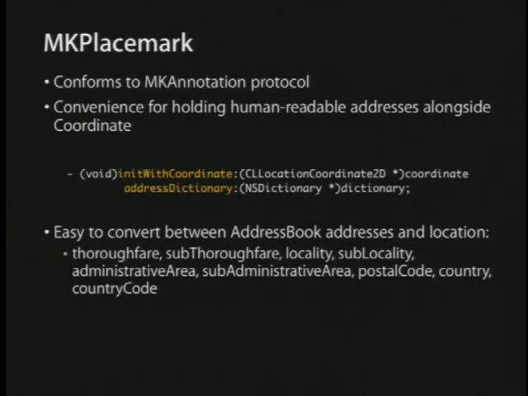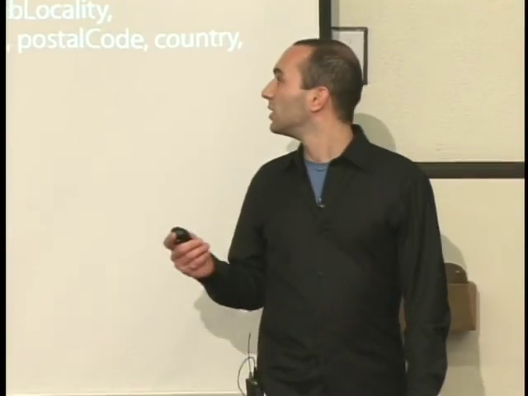I don't even know what administrative area we're in right now. But I can tell you that we're in the US and the country code is US. But anyway, if you were to translate a location object to an address dictionary, this is what it would spell out for you. So I think thoroughfare is street and locality is town or district, and anyway.